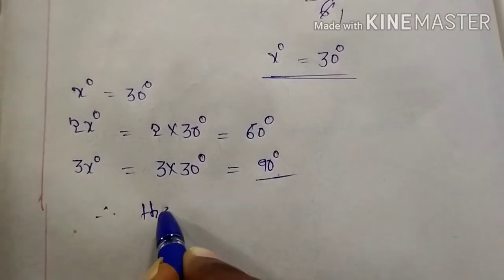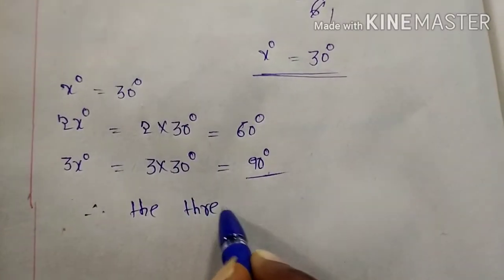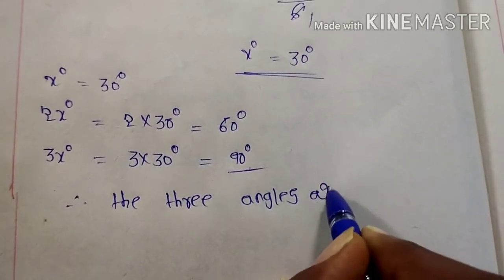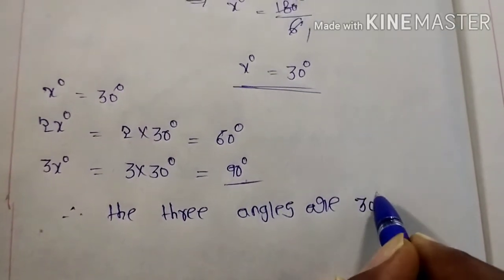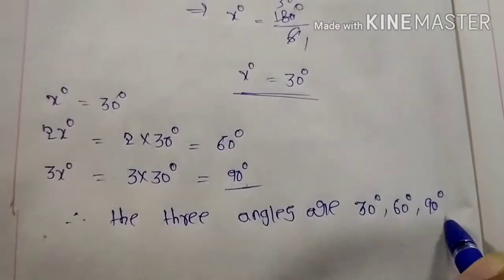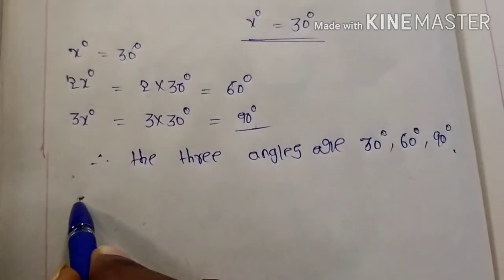Find the magnitude of each of the three angles formed. Therefore, the three angles are 30 degrees, 60 degrees, 90 degrees. If you want, you can check your results here.